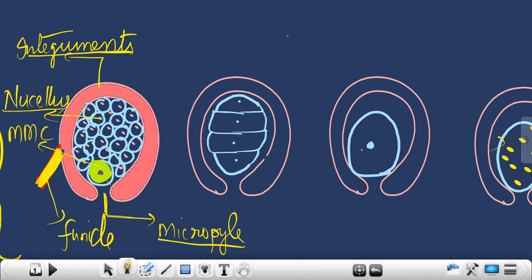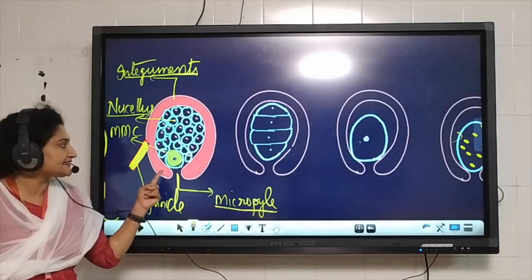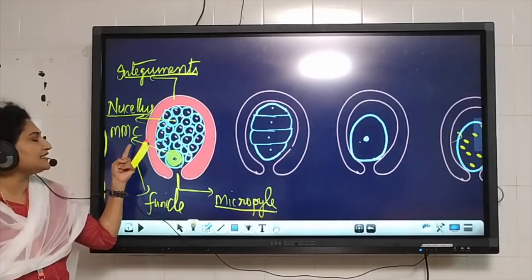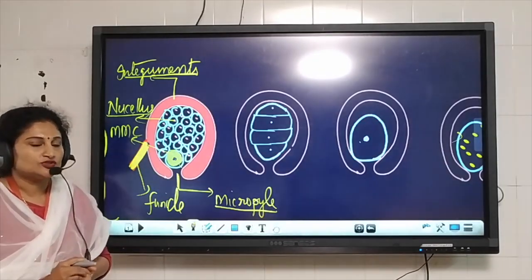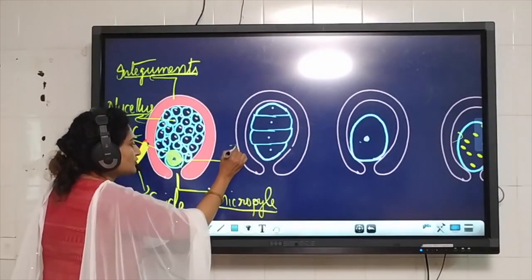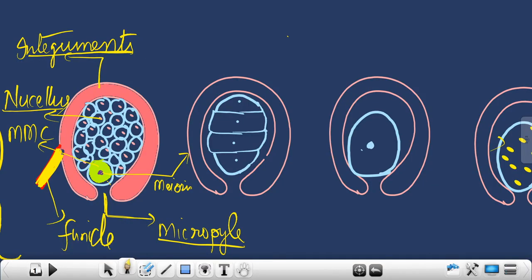So, one of the nuclear cells which is located at the micropylar end, which has dense cytoplasm and a prominent nucleus, serves as the megaspore mother cell. So we know this is going to undergo meiosis. And we know what is the result of meiosis? 4 daughter cells. So the 4 daughters are called the 4 megaspores.